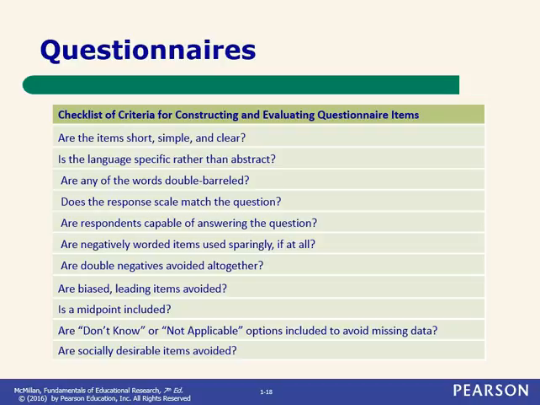We're going to revisit this when we have an activity later in the semester. I think it's in week 13, where each of you are going to construct some survey items related to your MRP topic. And so we're going to revisit this list at that time, and I'm going to remind you of this and ask you to evaluate each other's work based on this list.